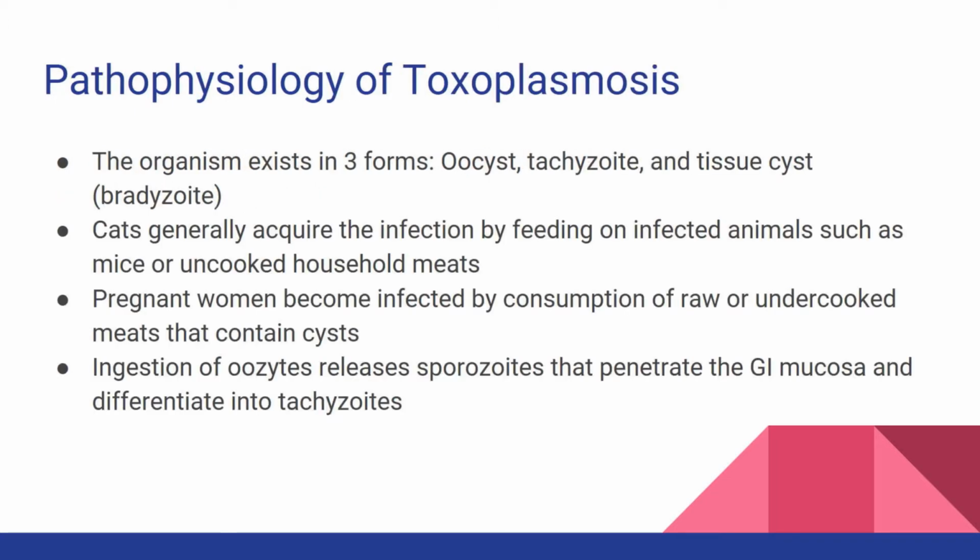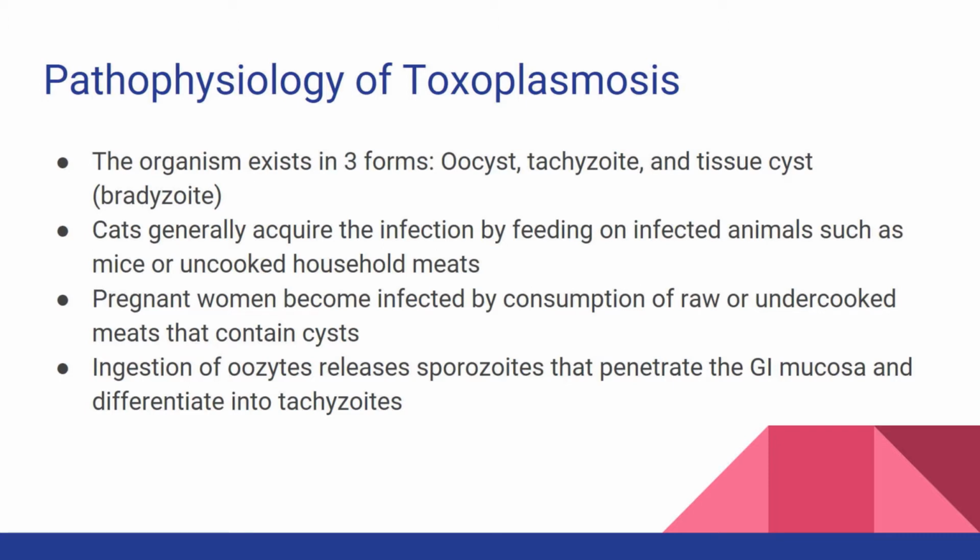Going through the pathophysiology, you have an oocyst, a tachyzoite, and then a tissue cyst, that's the bradyzoite. Cats generally acquire the infection by feeding on some kind of infected animal, whether that's mice or undercooked household meat. They then shed the oocysts in their stool for about the next 7 to 14 days after infection. Of note, cats can shed millions of these oocysts during a 2-week period.